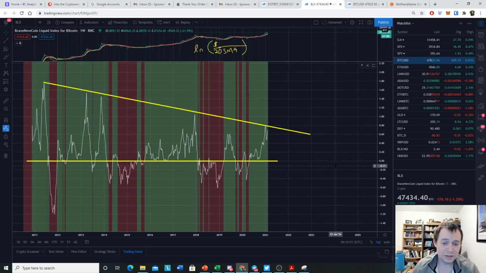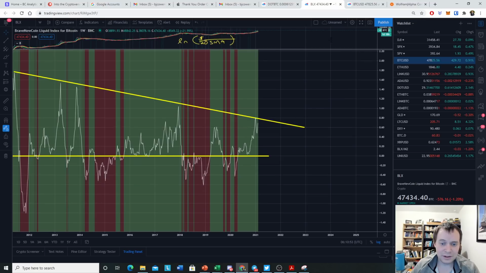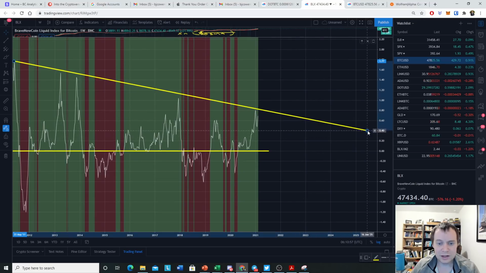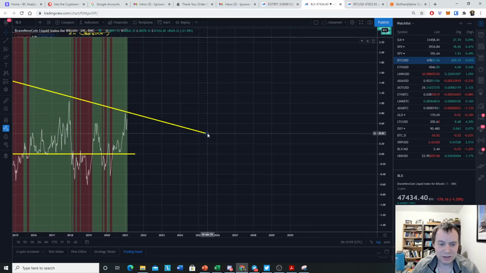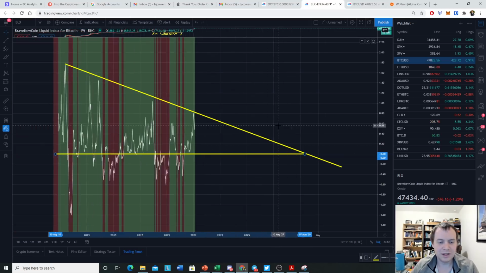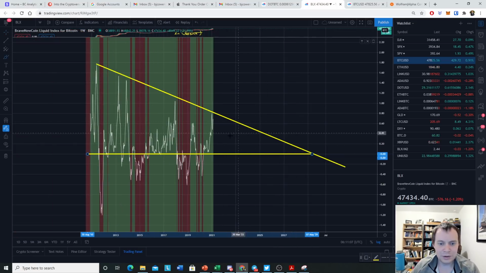Now, one of the things we can note is that eventually this trend has to break, otherwise, if you extend this all the way out, it would imply that maybe by the year 2029, we're always below the 20-week moving average.